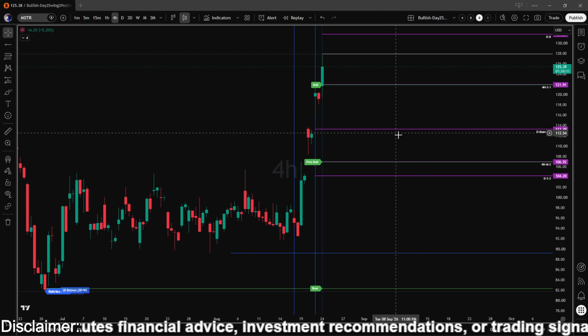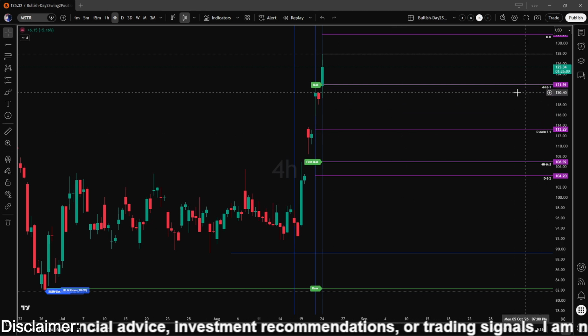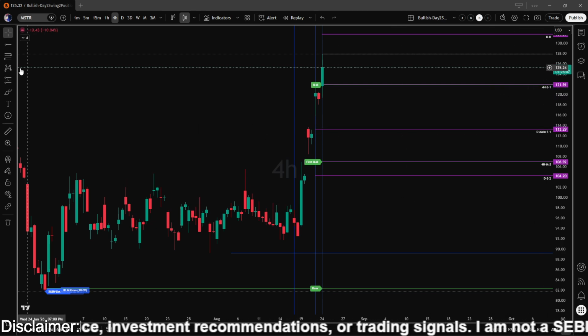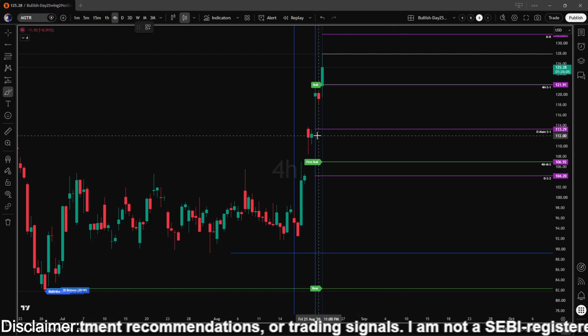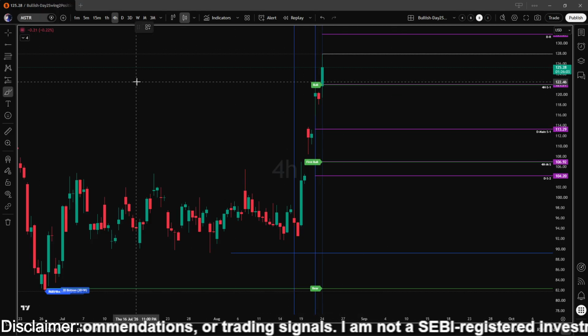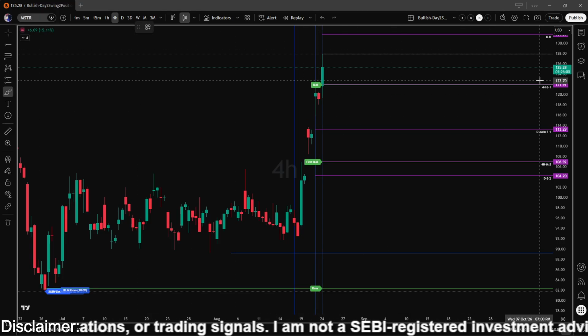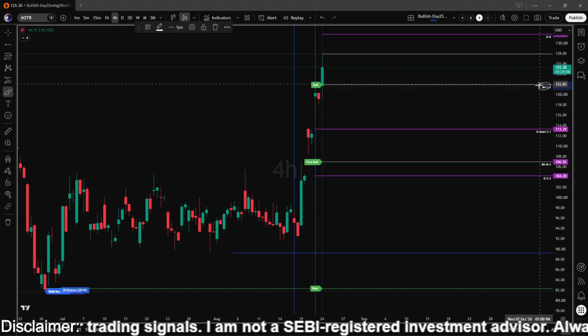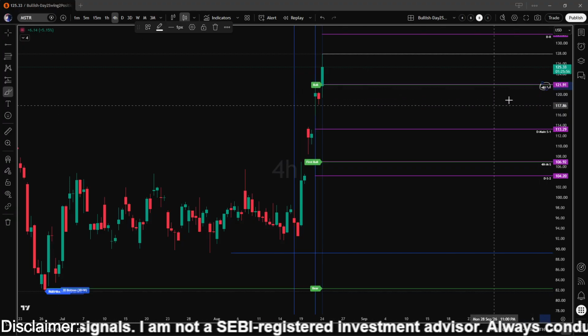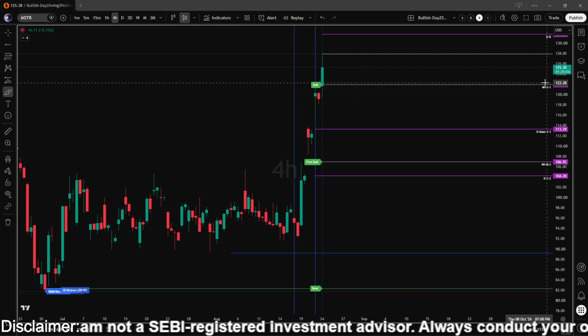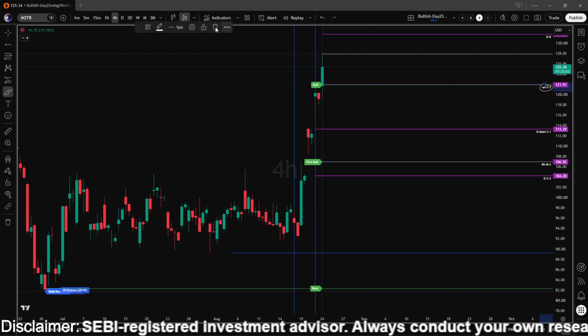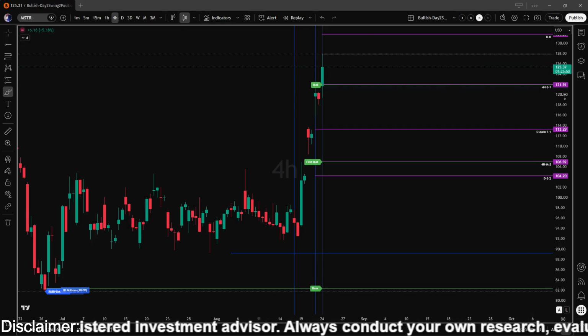Okay, so if we look at these levels here after me adding all the daily levels in lower time frame, currently MicroStrategy has an immediate support at this 4-hour level, 121.91.